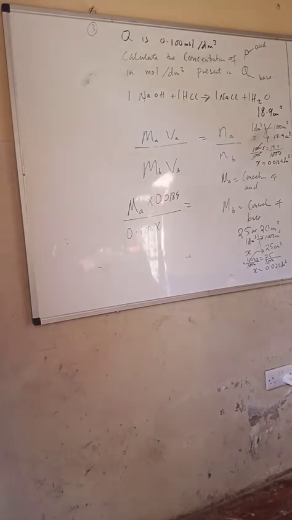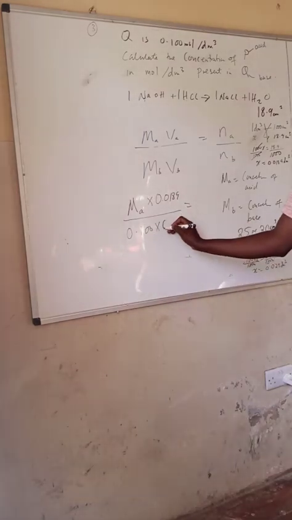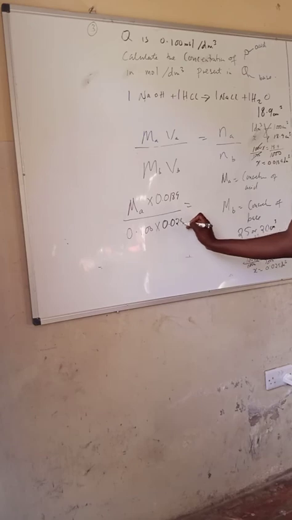This is the volume of the base. But since it's 25 cubic centimeters, you convert to cubic decimeters. So this is the one that you're going to use here as 0.025.